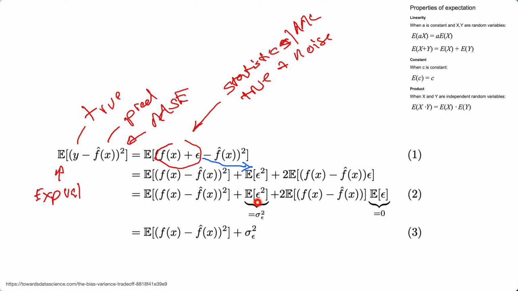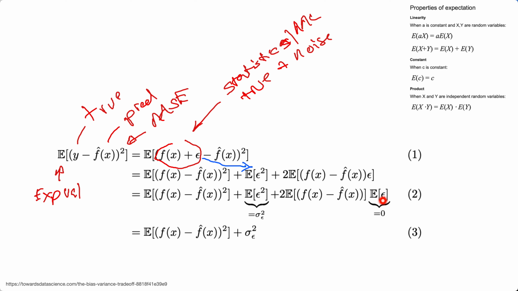Noise term number one is the expected value of the noise. That is, it's just the standard deviation or the variance. Well, okay, so it's epsilon squared, right? So it's the variance of the measurement noise. So this is just the measurement noise irreducibly. This measurement noise can never go away because it's just part of the process of measuring these y's.